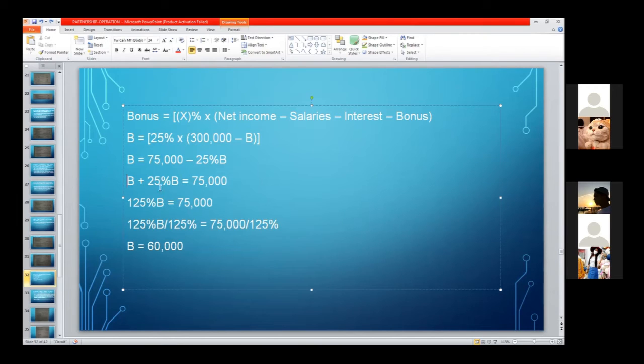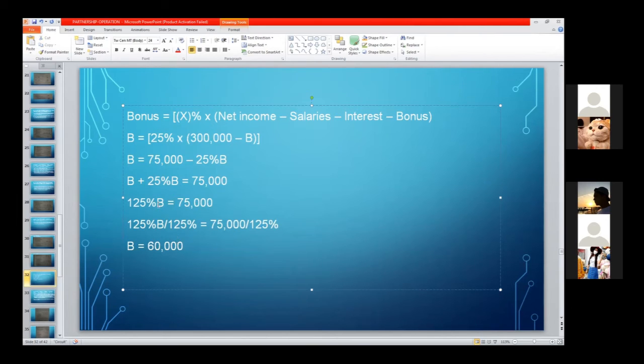Kung gagawin nating decimal itong 25%, 0.25 lang yan. Tapos kung natatandaan n'yo yung sa math n'yo dati, kapag letter lang, variable lang, ibig sabihin, 1 yan, pero hindi natin pinapakita yung 1, or 100%. Kaya naging 125%.